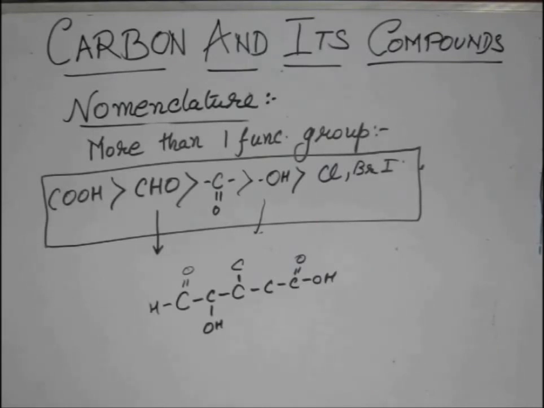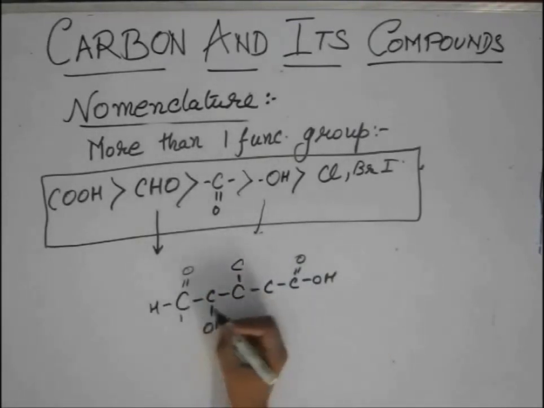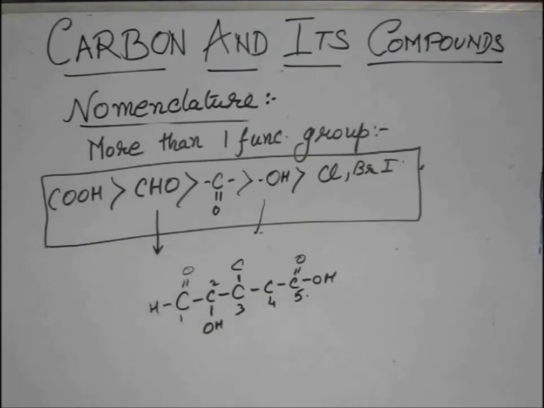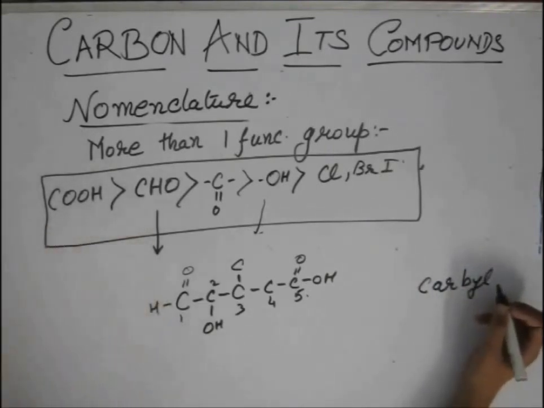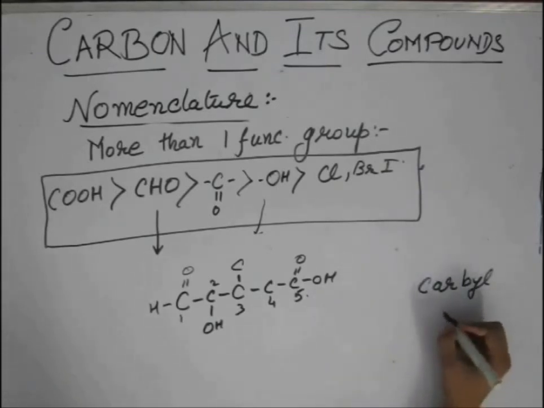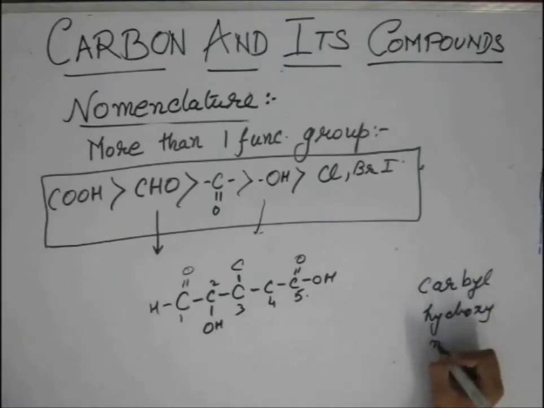So we start naming from here or here. 1, 2, 3, 5: 1 plus 2 plus 3, 6 plus 5, 11. 1, 3, 4, 5. No. We start naming from here. So we have a carbyl because CHO also comes before COOH. So the last will be COOH. So we have the prefixes carbyl, hydroxy and methyl.